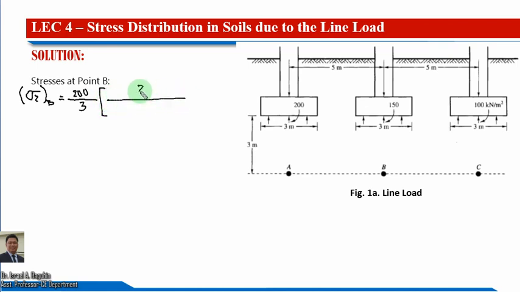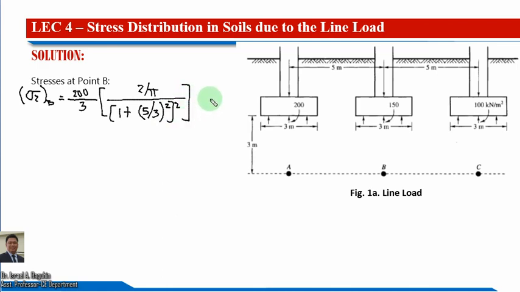Times we have this 2 over pi over 1 plus our x here. Since we are now at this point B, its horizontal distance is 5 meters, so this is 5 divided by 3, squared, raised to the power of 2.